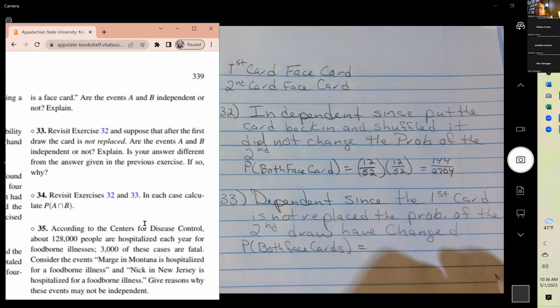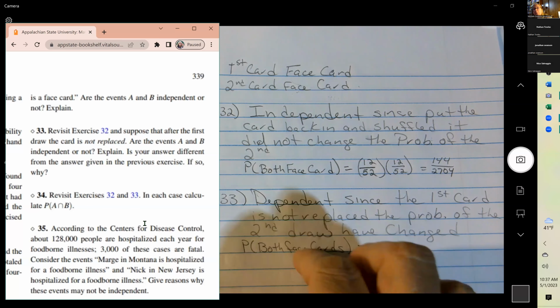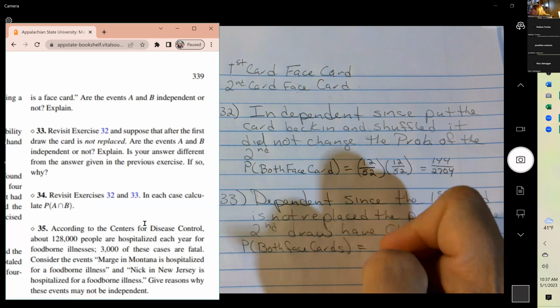So the probability that they are both face cards, well, we know when we pull the first one, there's 12 out of 52.